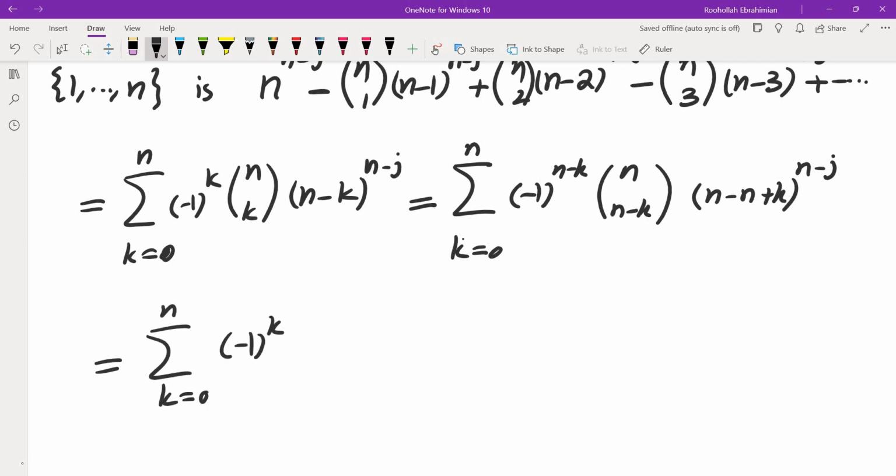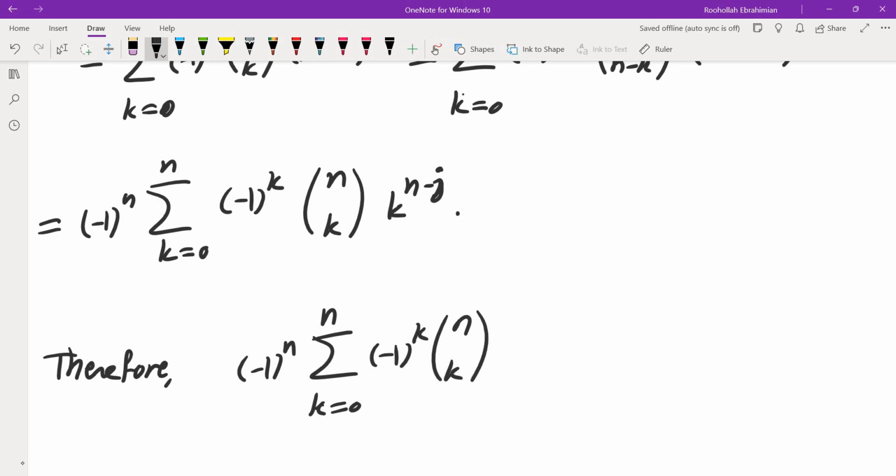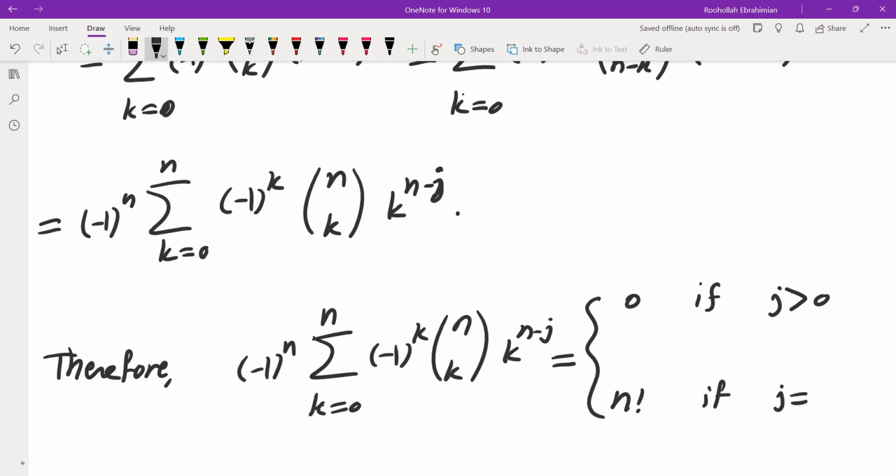This is equal to the sum k equals 0 to n, negative 1 to the power of k. I'm going to take out the negative 1 to the power of n. N choose n minus k and n choose k are the same, k to the power of n minus j. Okay, so by what we discussed before, this sum, negative 1 to the power of n, the sum k equals 0 to n, negative 1 to the power of k, n choose k, k to the power of n minus j, is 0 if j is positive, and it is n factorial if j is 0.